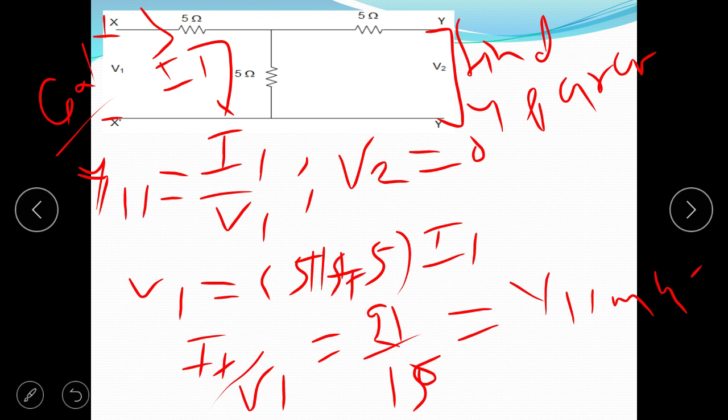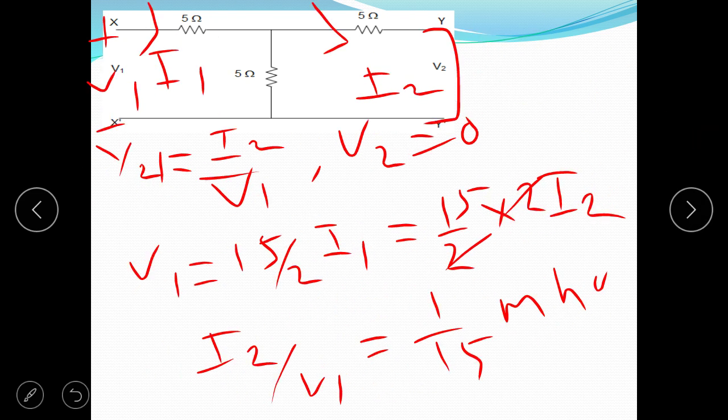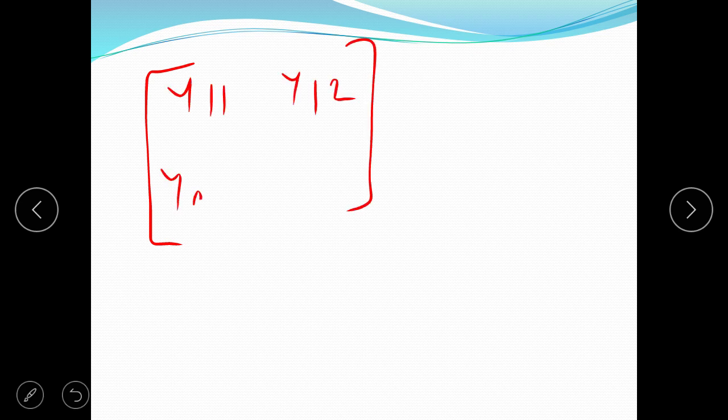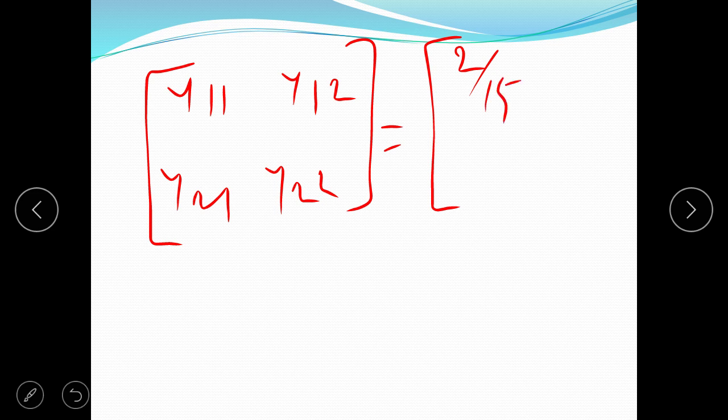Its value is 2 upon 15. So the Y parameter matrix is Y11, Y12, Y21 and Y22, which is equal to 2 upon 15, 1 upon 15, 1 upon 15 and 2 upon 15.